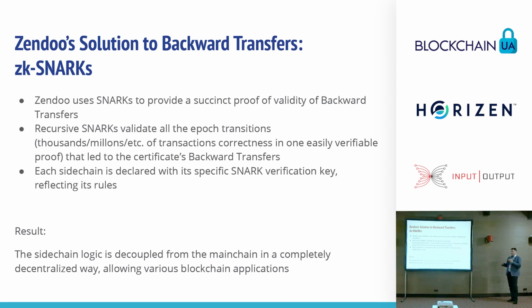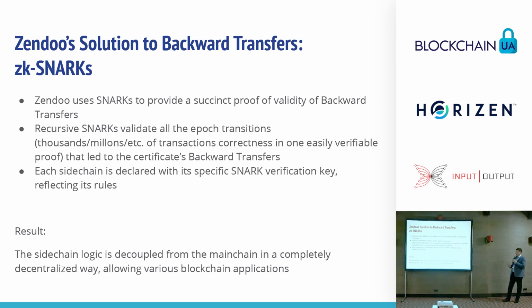We apply the next transaction, and the state is also changed. All these changes within one block or within one state change can be described with a SNARK. Several SNARKs can be united using recursive SNARKs together, and for all transactions within one block we can have only one SNARK that is very easily verifiable.